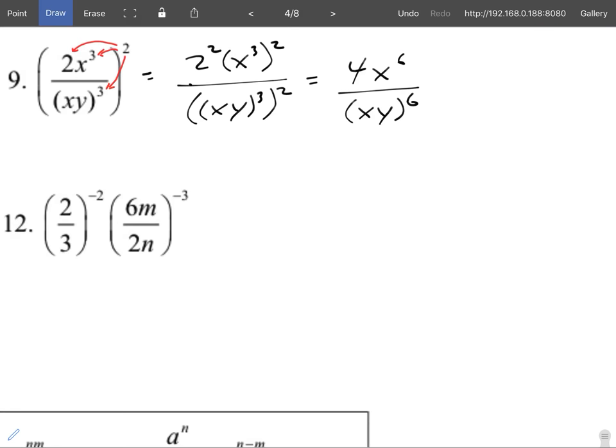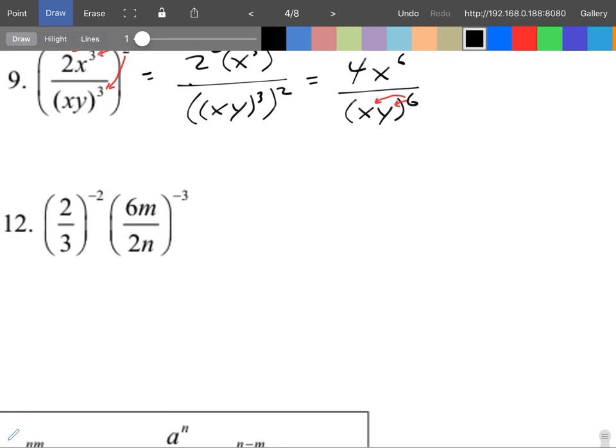Well, now down here in the denominator, you have a product to a power. Well, that means you're going to have to take this 6th power and put it on the x and the y. So then that's going to give you 4x to the 6th over x to the 6th times y to the 6th.